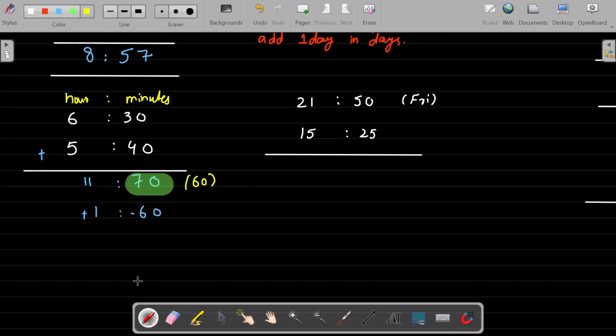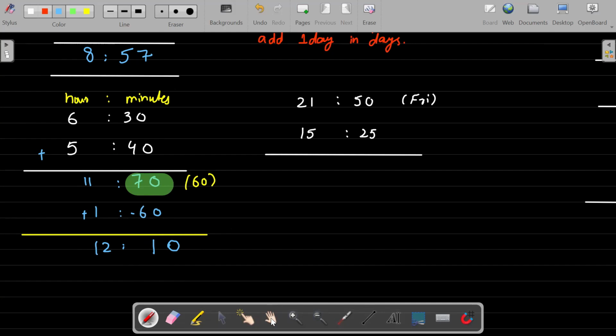Whenever my minutes exceed 60, I will subtract 60 from the minute section and add 1 in the hour section. So you can see that my answer will be 0, and 7 minus 6 is 1. Same way, 11 plus 1 is 12. Then that will be my time.